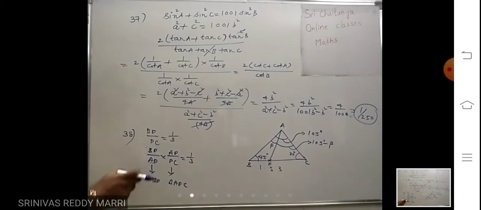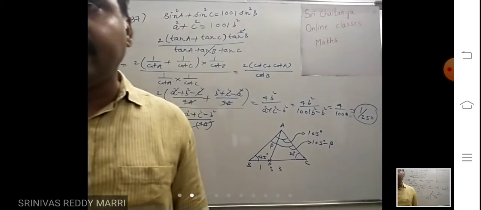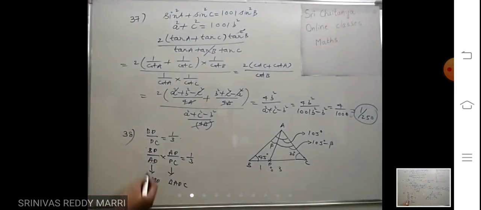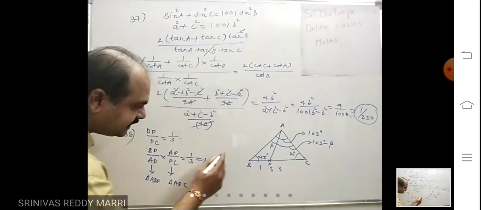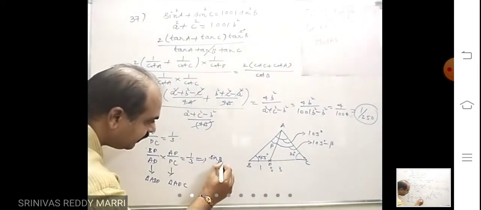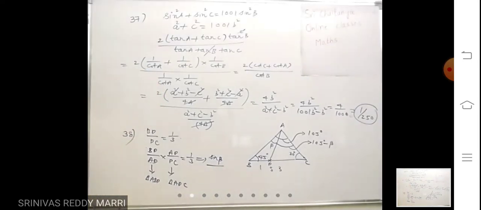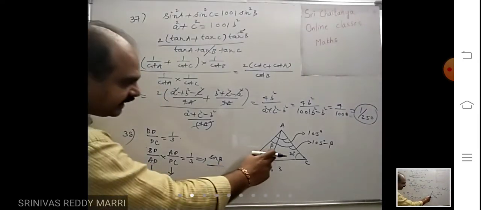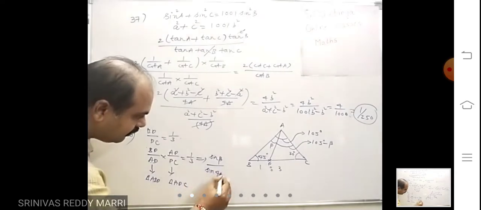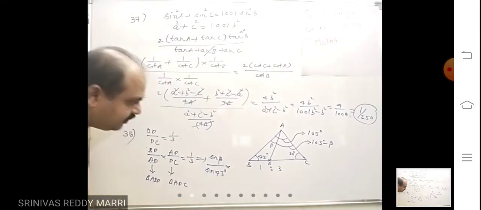Now in triangle ABD, this is the ratio of two sides. Ratio of sides is nothing but, according to the sine rule, the ratio of the sines of their opposite angles. That means BD divided by AD: look at BD, the opposite angle is sine beta, divided by AD, whose opposite angle is sine 45.